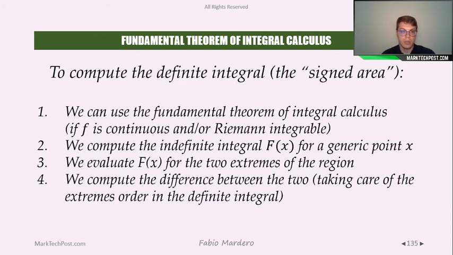We compute the indefinite integral, capital F, for a generic point. Then we evaluate F of x for the two extremes of the region for which we want to compute the area. And then we compute the difference between the two F of x, taking care, of course, of the order of the extremes.